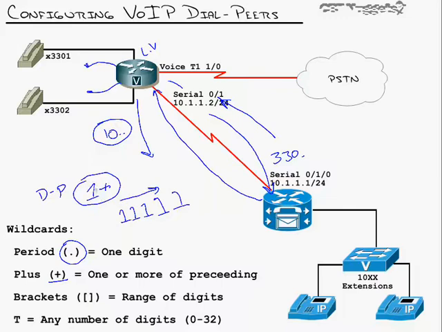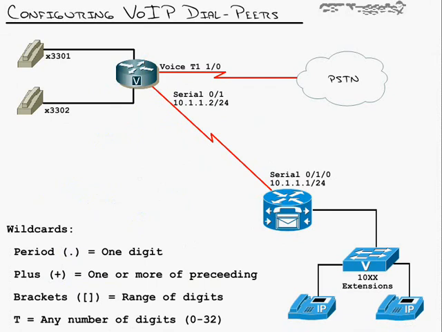If I created a destination pattern, oh, this one's worthy of some discussion here. Let me wipe all of that off of there. Brackets represent a range of digits.